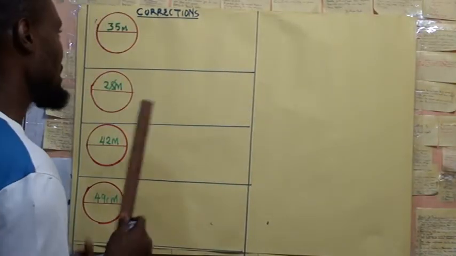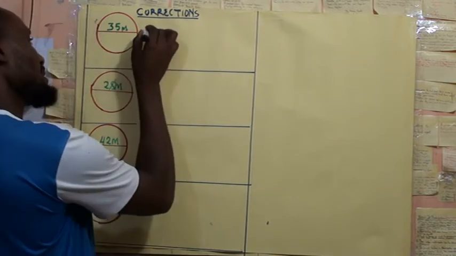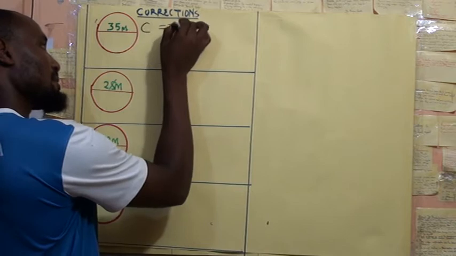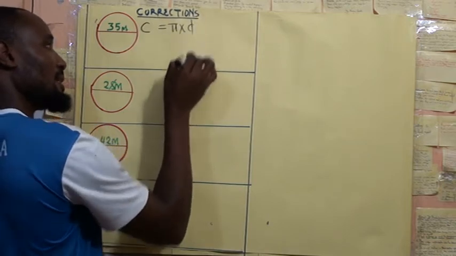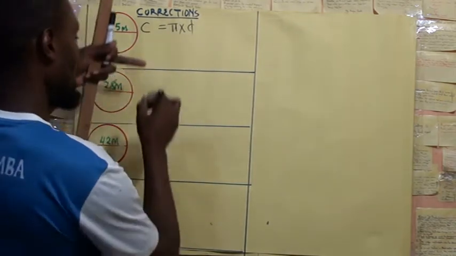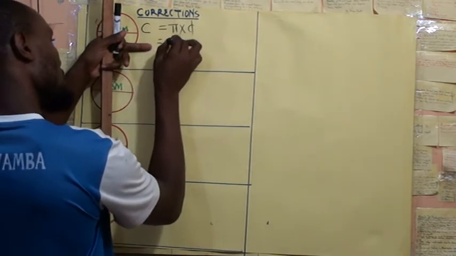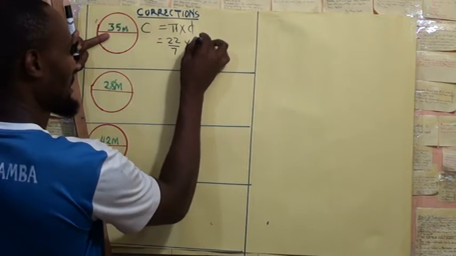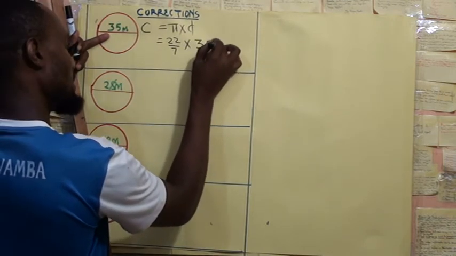Step number 1, I said, is that you write circumference is equals to pi times d, or just pi d. Then you say 22 over 7 times diameter, which is 35 meters.